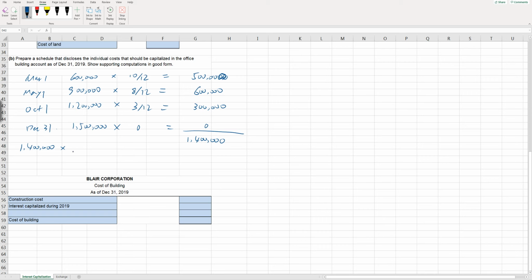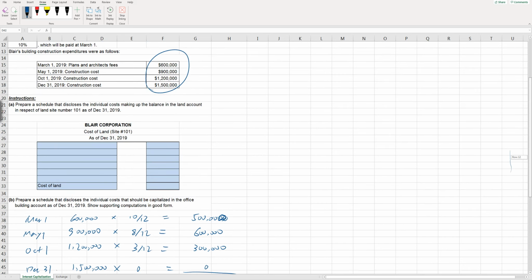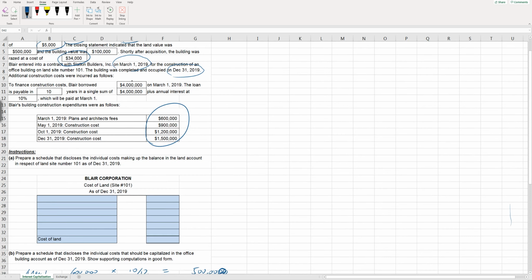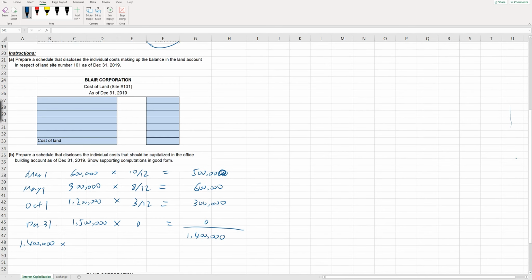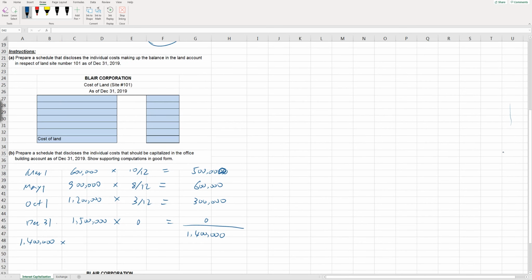So from the question, we borrowed $4 million, okay, which is enough to cover the $1.4 million expenditure, and the interest rate is 10%. So we're going to apply 10% to get the avoidable interest. Very straightforward, which is $140,000.